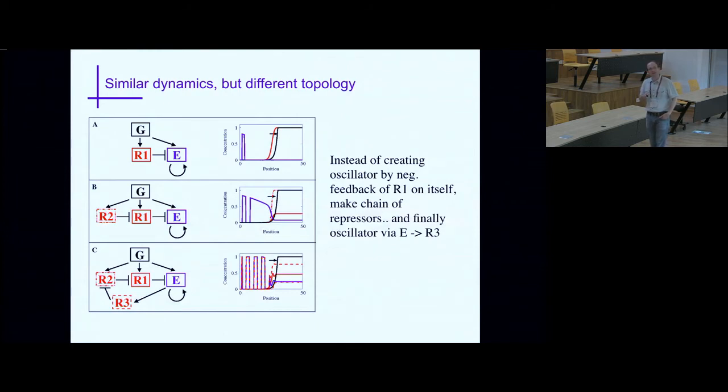So you start having a cascade of repressors. The effect is that if this R2 is repressed a bit after R1, you basically turn on E again, and so you make a system with essentially one stripe plus one domain.